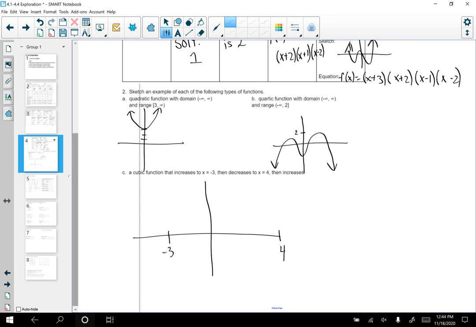So it's increasing until -3, and then decreases until x equals 4. And then it starts to increase again. It won't be that sharp of a turn. So something like that. So at this point is when we have that turning point and it starts to increase. Okay? So these are at x equals.